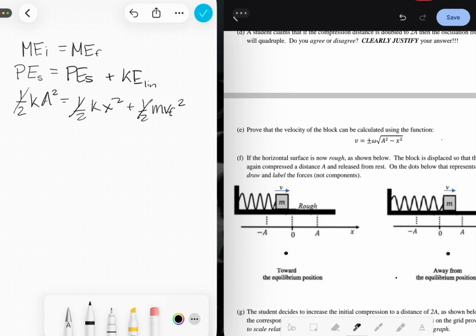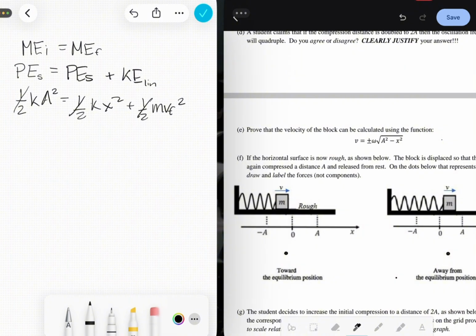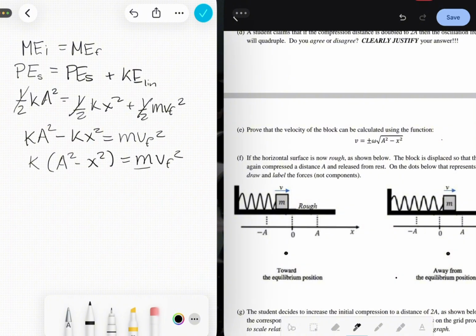And I'm also going to move the kx squared over. So I'm going to do that by subtracting it over. And I'm going to take out the k. And that leaves this equals to mv_f squared. And I'm going to move the m over, so I'm going to divide.